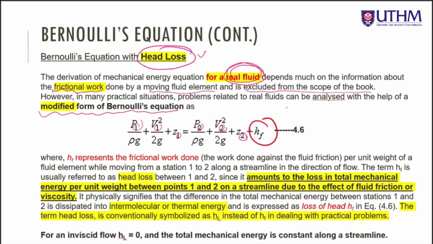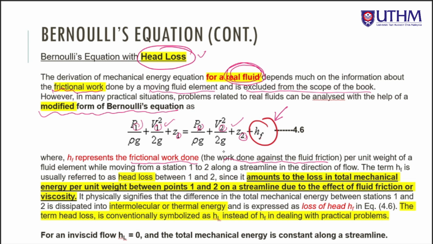However, we add one more term, HF, which represents the frictional work done, which can also be considered as the work done against fluid friction per unit weight of a fluid element while moving from position 1 to position 2 along a streamline.